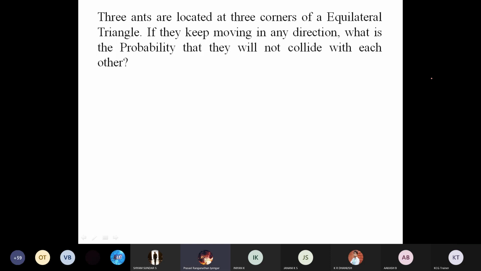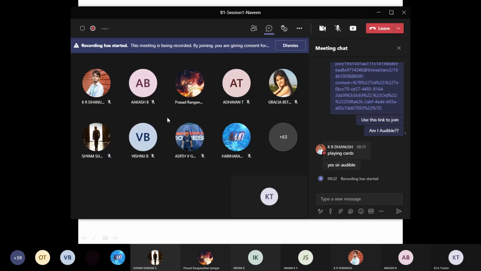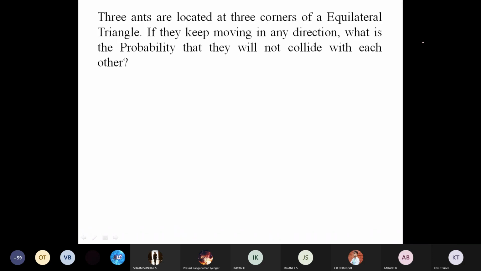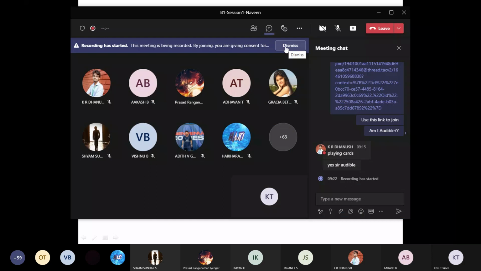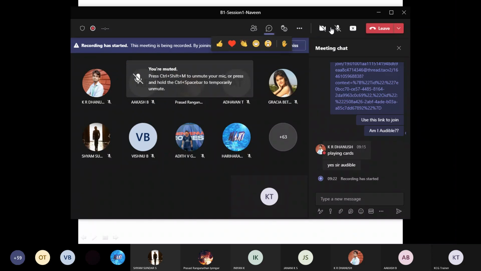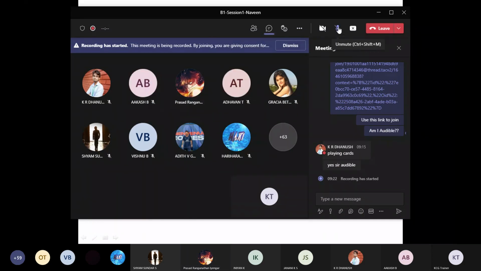So will the answer be 1? Anyone have got the answer?